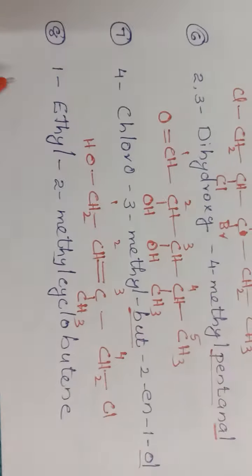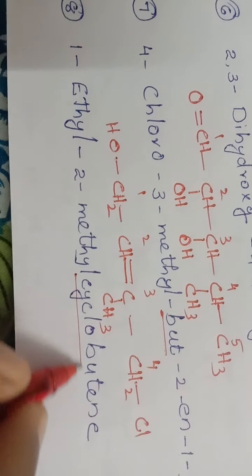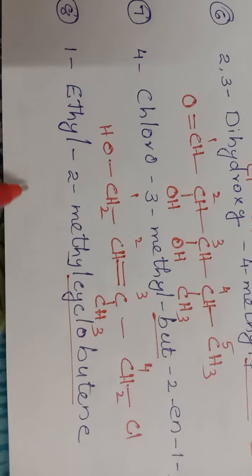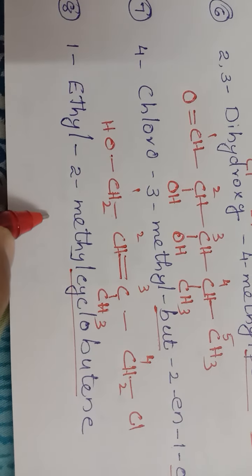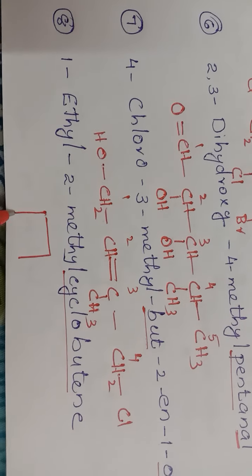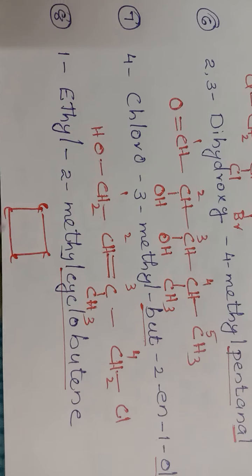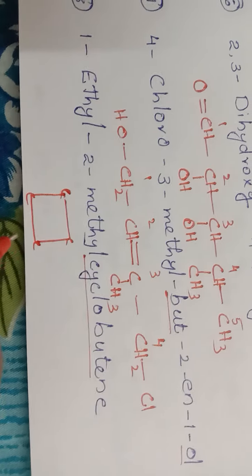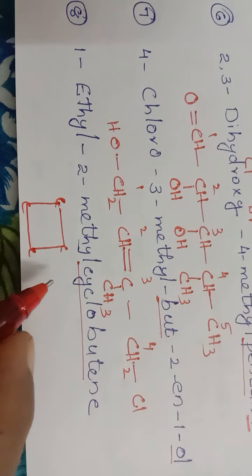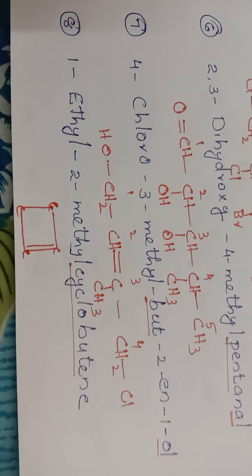Now the last compound, 1-ethyl, 2-methyl cyclobutene. So this is cyclobutene. Cyclic compound containing 4 carbon atoms. So we can draw a cyclic compound with 4 carbons. So each of these junctions are carbons. No need to write carbon there in the bond line structure. Butene means double bond is present.